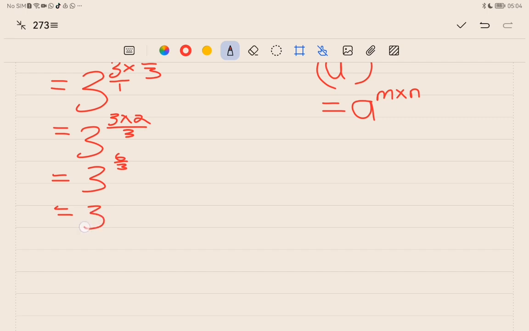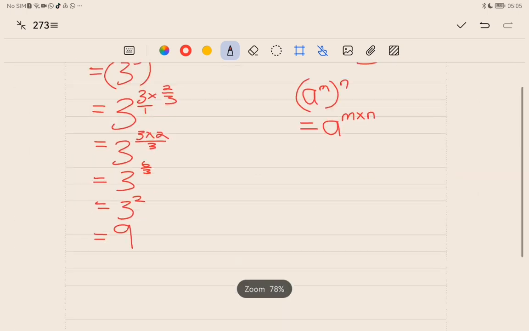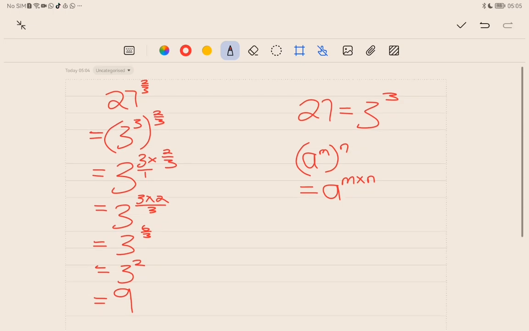So this is going to be 3 to the exponent 2. Then 3 to the power 2, it is 9. So this is the simplified. So the steps are many because I want you to see how it works.